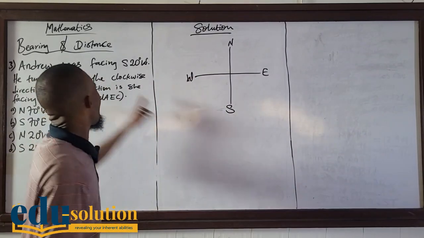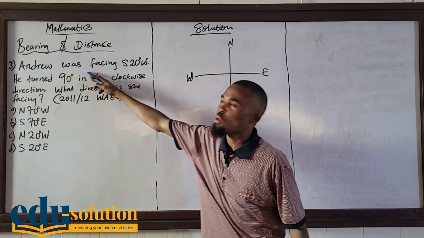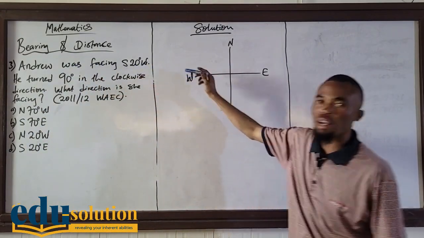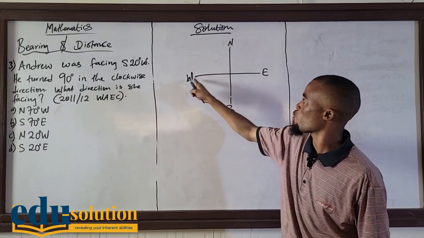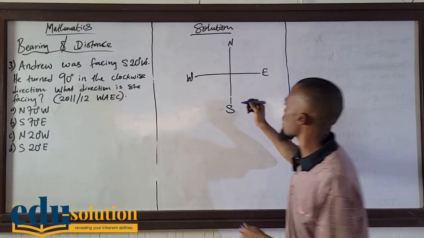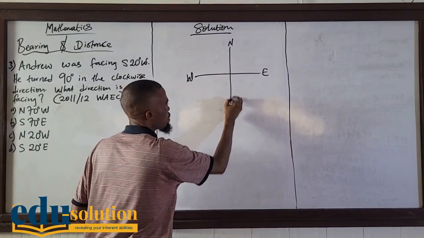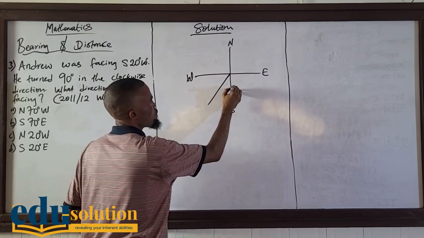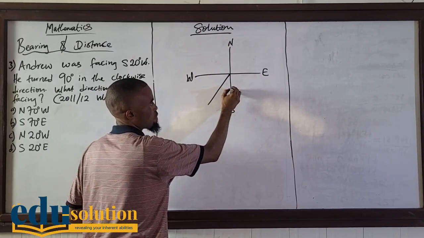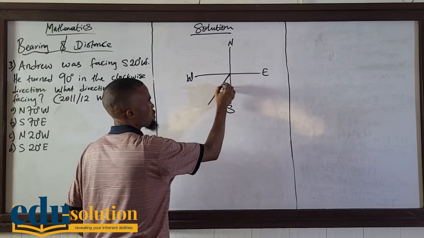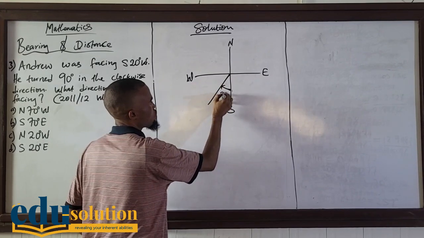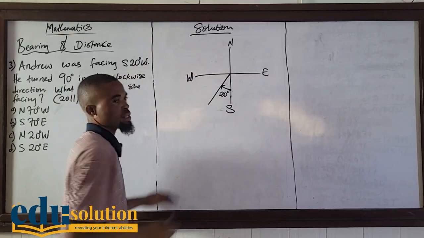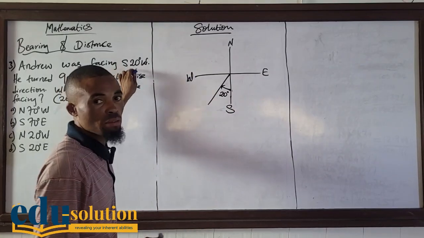Andrew was facing south 20 degrees west, so his direction is between south and west. We are not measuring, I will just estimate. It must start from the south, so we have something like this. This is south 20 degrees west, a representation of what we have here.